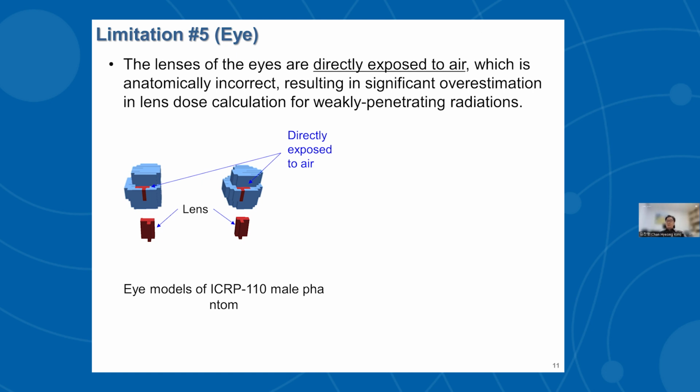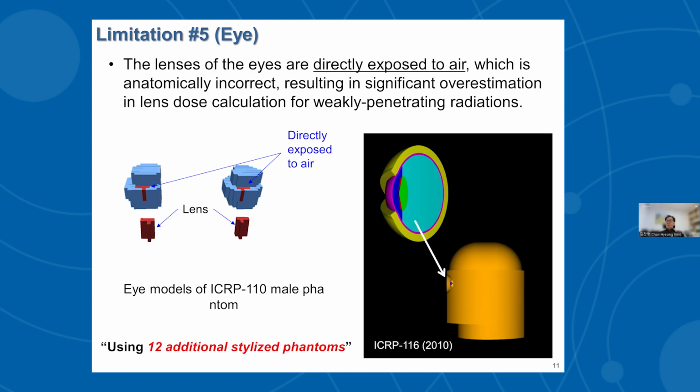So the ICRP again used an additional stylized phantom for lens dose calculation. This is the stylized phantom used by the ICRP for the lens dose calculations.